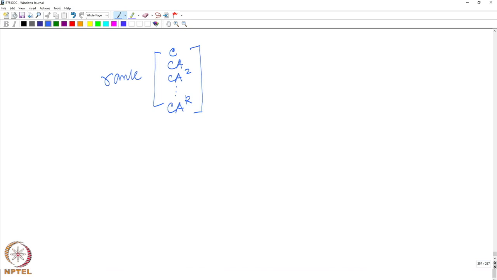When you stop at k exactly equal to n minus 1, that is when you get your observability matrix, but this is the general form of a part of the observability matrix.